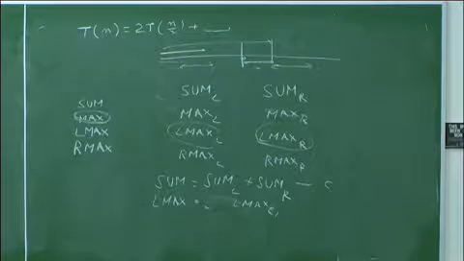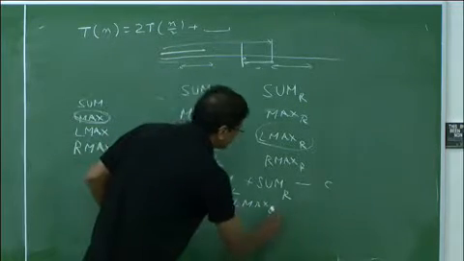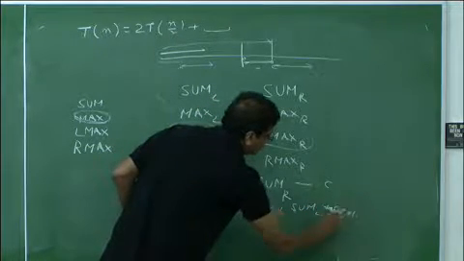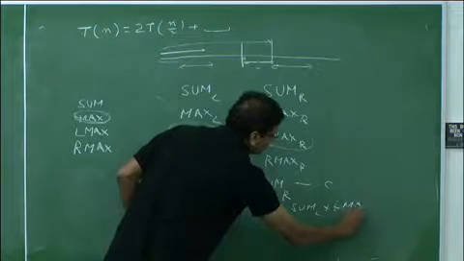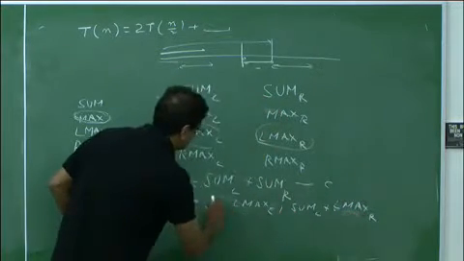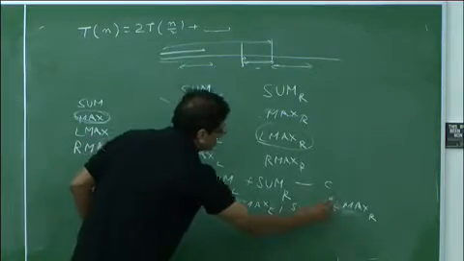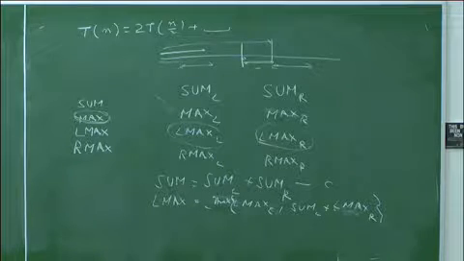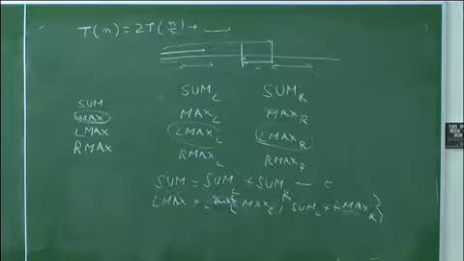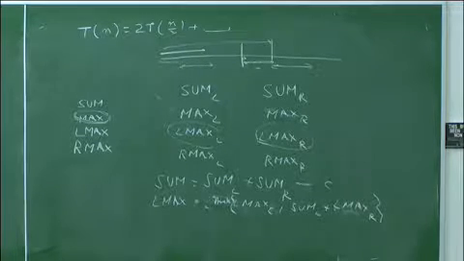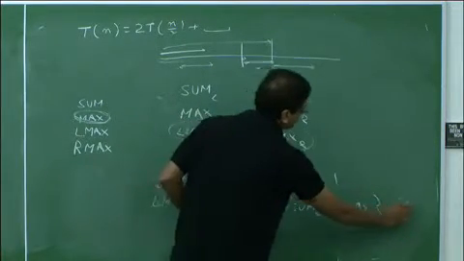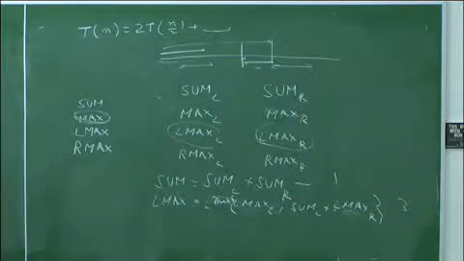That is nothing but my L max of R. So, the other option is sum of L plus L max of R, and if I put the maximum of these two, I am covering my bases. I do not know which one it is, so I will try this one, I will try that one, and take the maximum of the two. How much time will this take? This will also take some constant time. In this, say 3 or 4 operations, I will be done. So, if this takes 1 operation, maybe this will take 3 operations, maybe 4, it does not really matter.